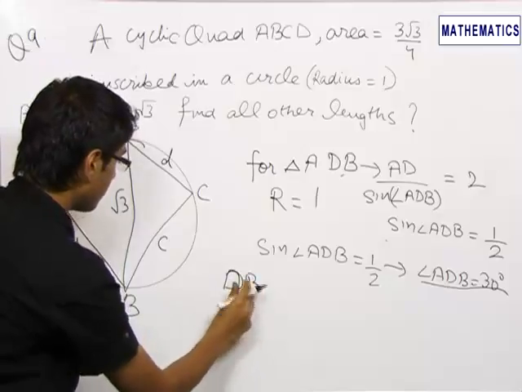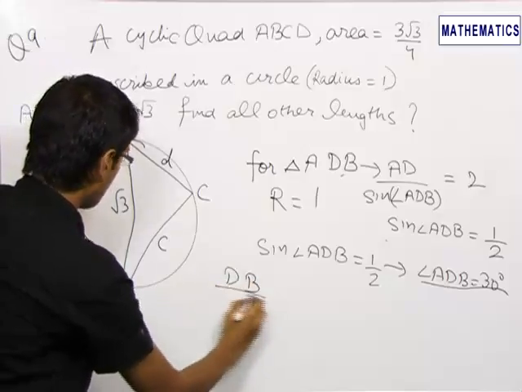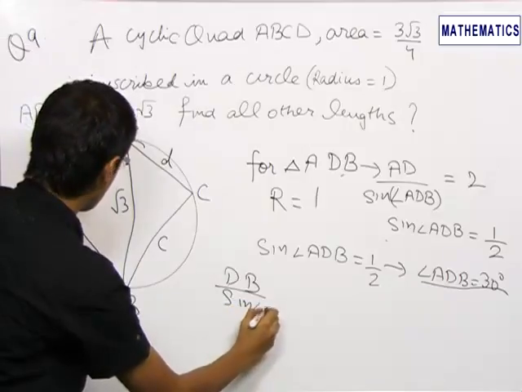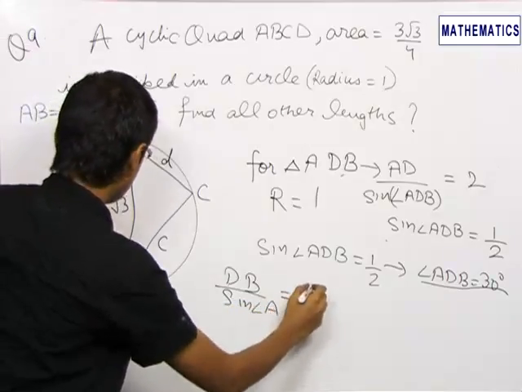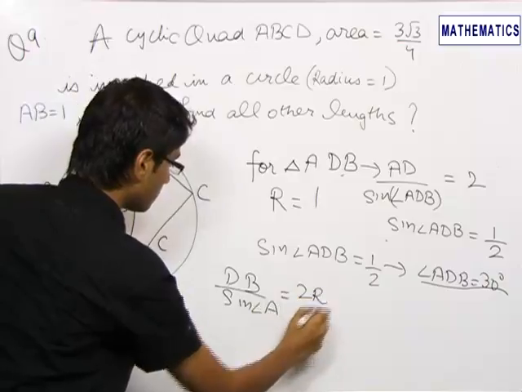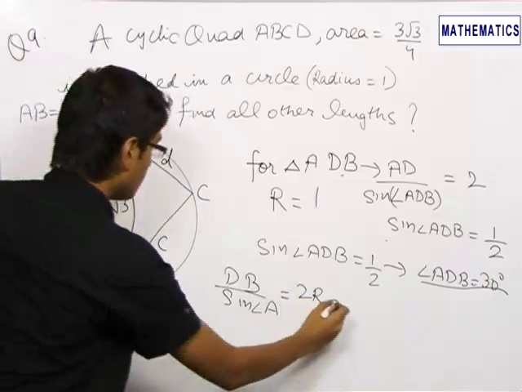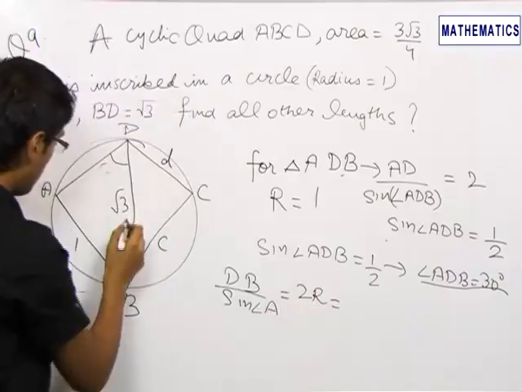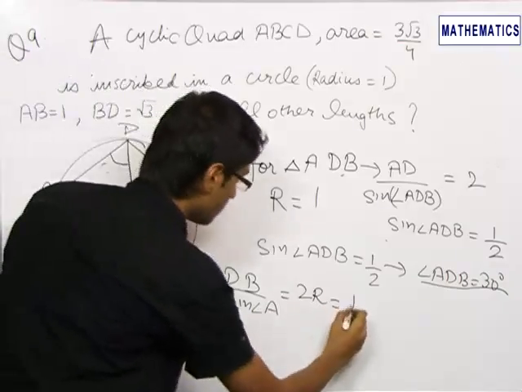Now DB upon sin of angle A equals 2R again.